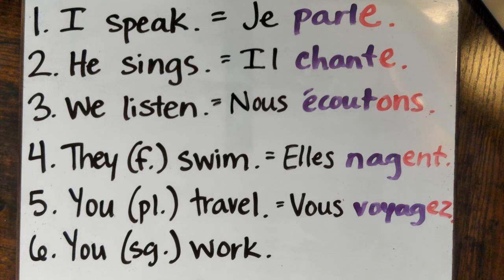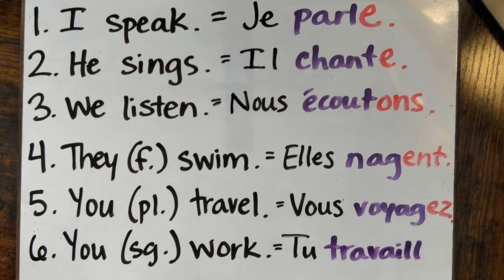Last one, you singular work. So this is when I'm talking to one person. This is also, when I say singular, it technically could be vous, but I'm referring to one. And then to work is travailler, so it's travail. And the ending is ES.